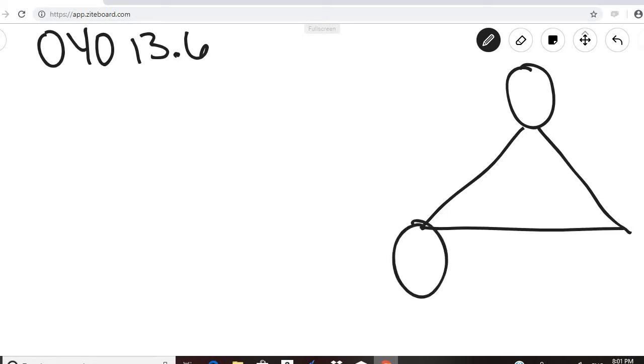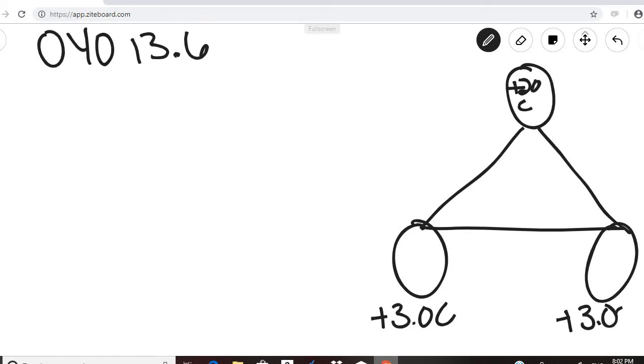So here's a charge, here's a charge. This is a positive 3.0 coulombs, and this is positive 3.0 coulombs. Let's go ahead and erase that one and put it. This one is positive 2.0.